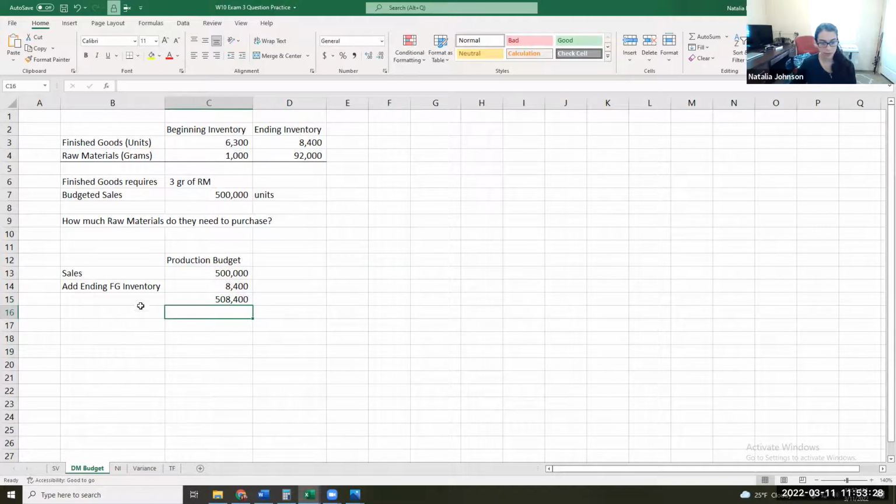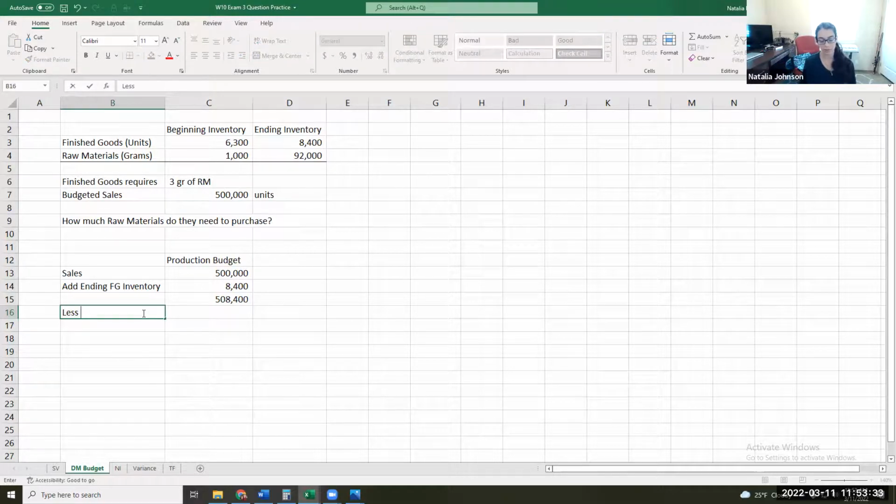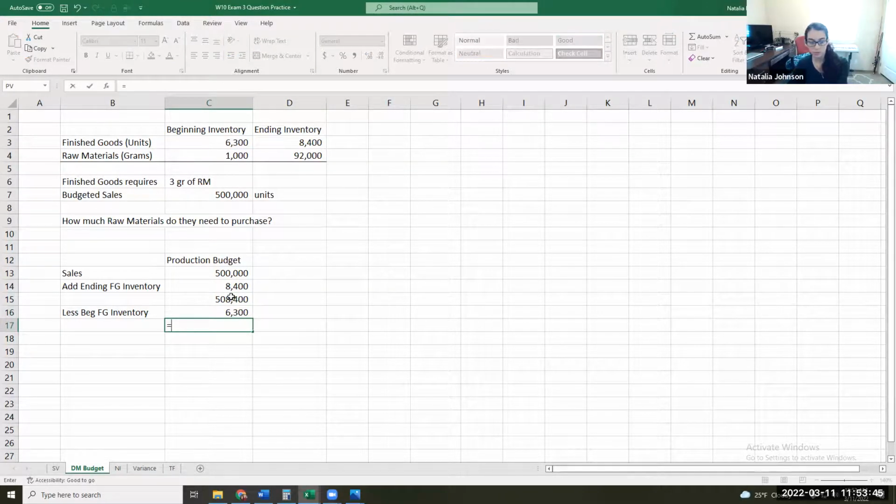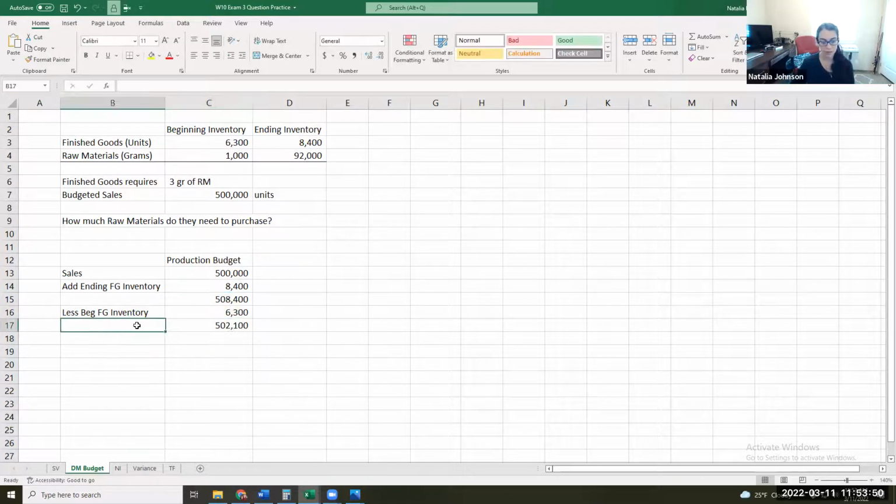Then you subtract the beginning inventory, because you already have 6,300 units, so you don't have to make that amount. So this minus 6,300 is 502,100. That is the units you need to produce.